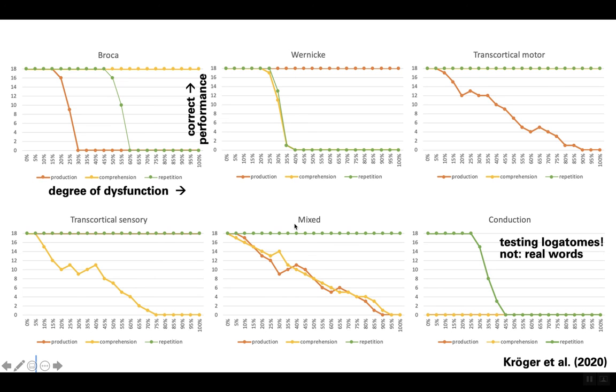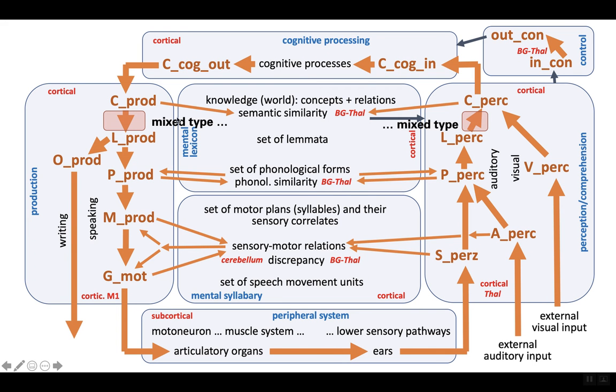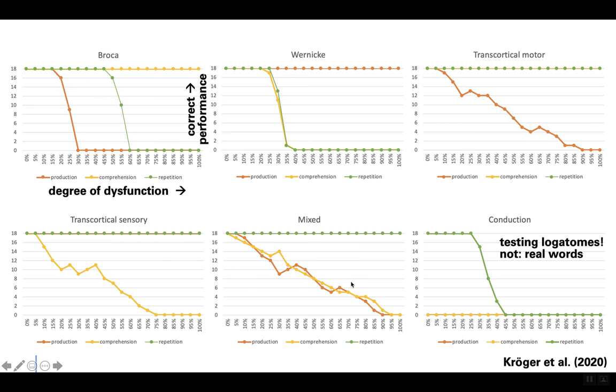Please keep in mind that the mixed aphasia is given here as a high-level type, not affecting these lower-level areas. And in the case of the conduction aphasia, more or less nothing is working because we just tested logatomes and not higher level performances. If we have problems with the phonological to phonological pathway, at least the repetition task is affected as well.